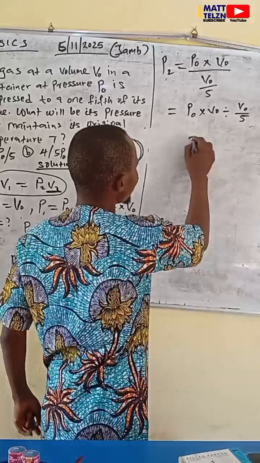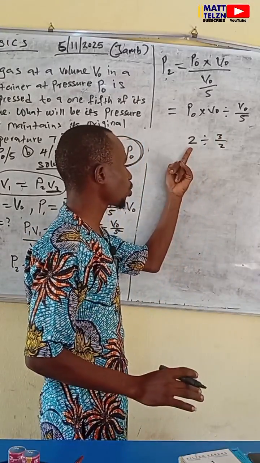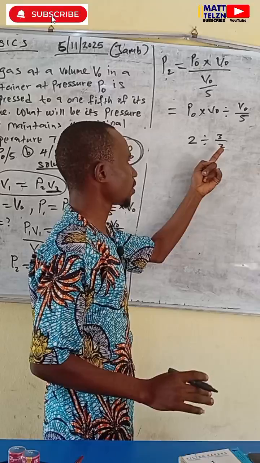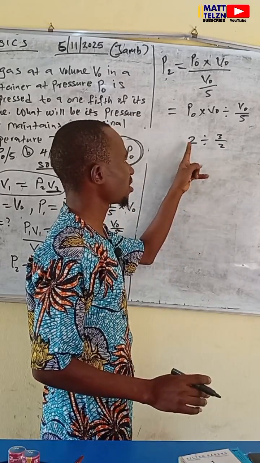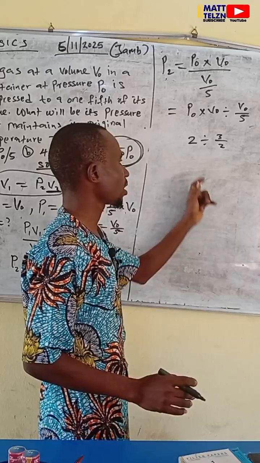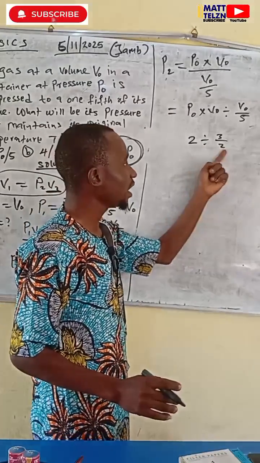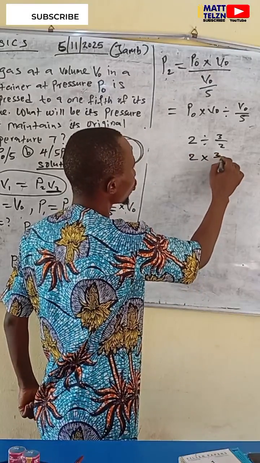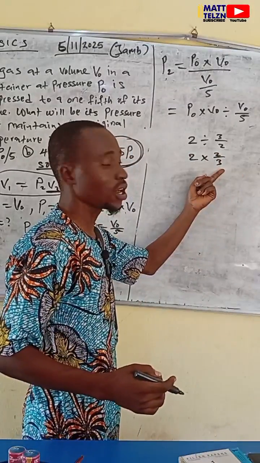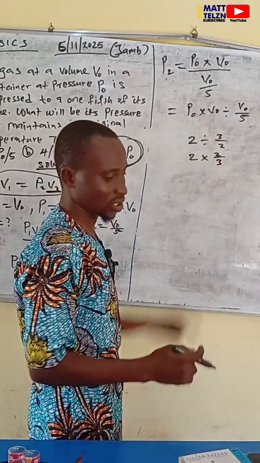For example, if I have 2 divided by 3 over 2, this is a whole number representing this side, and this is a fraction representing this side. I cannot divide this directly like this. What I will need to do is introduce a multiplication sign here, then flip the other aspect, that is, I have 2 times 2 over 3. This is the principle I'm going to use to rearrange this.